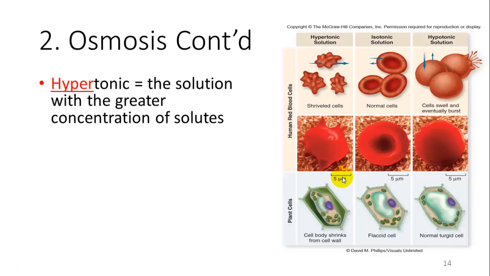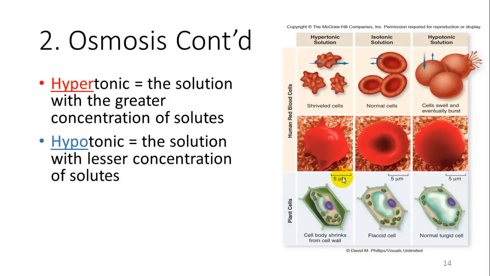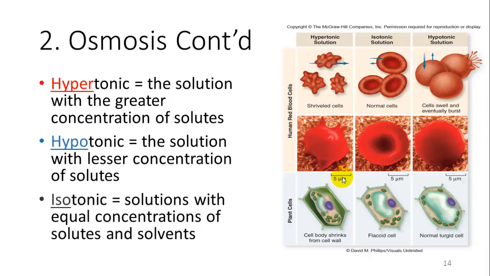Okay? So a solution that has the greater concentration of solutes is called hypertonic, and the solution that has lesser concentration of solutes is hypotonic. And then if they are the same, they are isotonic. So water will flow from a hypotonic solution to a hypertonic solution until the solutions are isotonic.